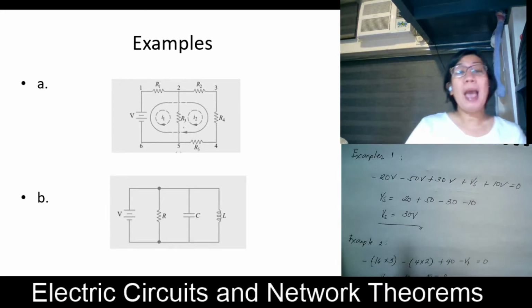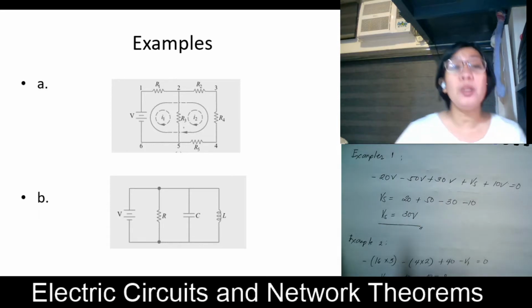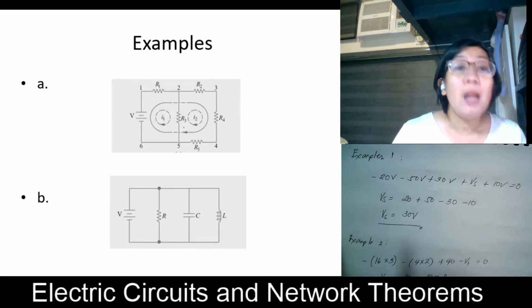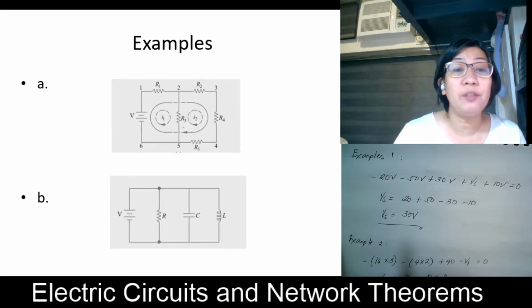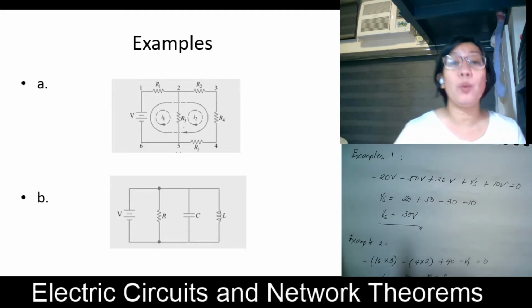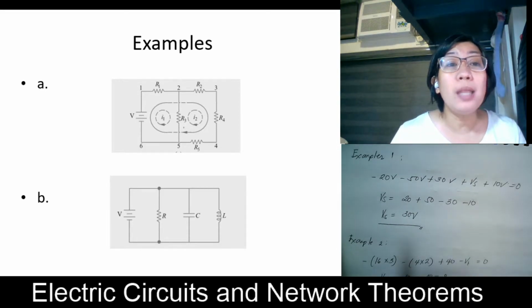And then we have 3 loops. Where are our 3 loops? Loop number 1 here, loop number 2 here, and then the big outside loop. So we have 3 loops, and we have 2 meshes. Where are our meshes? 1 and 2.